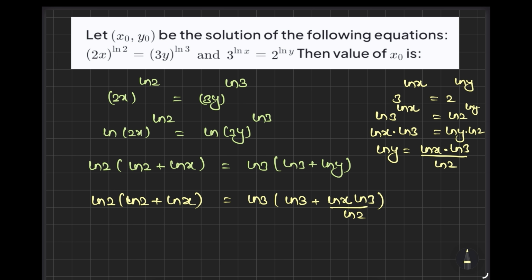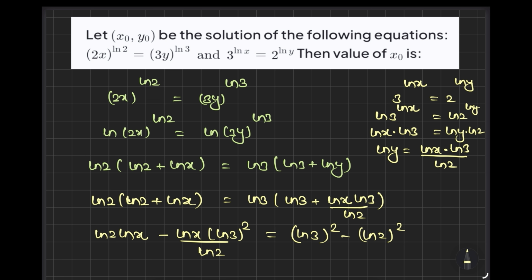So here we will write ln 2 ln x and this thing on this side. So it is minus ln x times ln 3 whole square by ln 2 equals ln 3 square minus ln 2 square. I kept constants on one side and the variable on the other side.